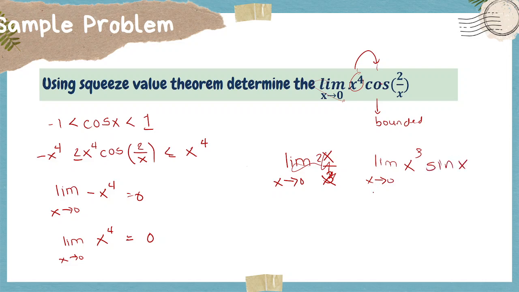If we get the limit of that one, we need to utilize the inequality. So, basically, we will have negative 1 less than or equal to sine x less than or equal to positive 1.